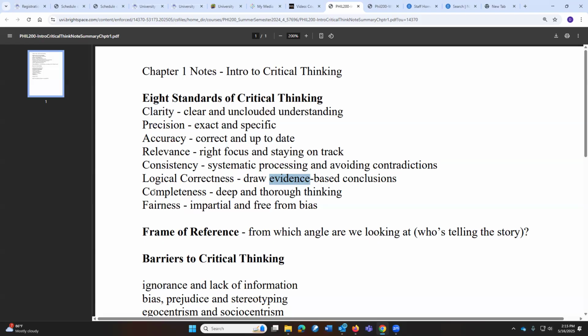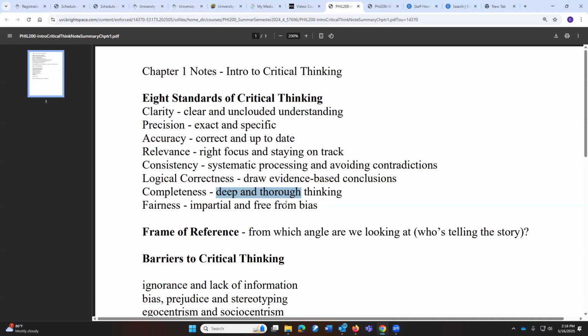Okay, completeness. Is my thinking deep and thorough? Have I covered all of the possibilities? All right, I need to be as comprehensive as I can. If my outcome can only be applied to limited circumstances, then it's not as good as an outcome that I can apply to all circumstances.